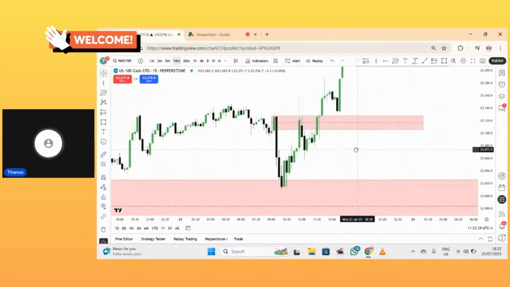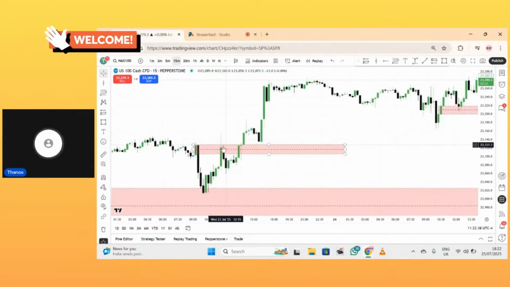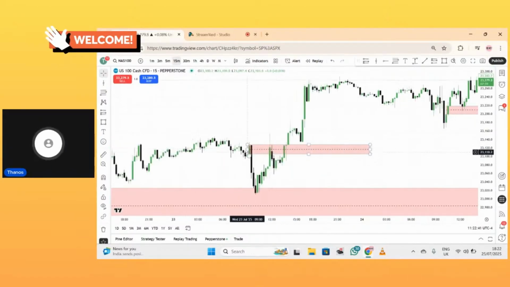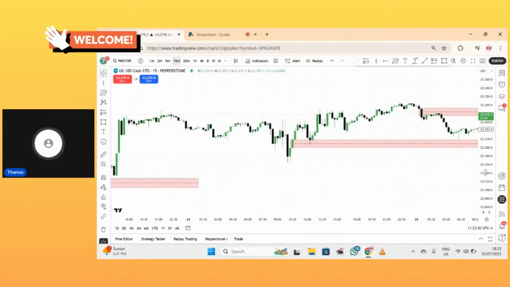Another characteristic of a high probability order block is it should form at a specific time. For example, I cannot use an order block that formed during the Asian session to form my trade in London or New York. So my order block has to form within the session which I am trading.